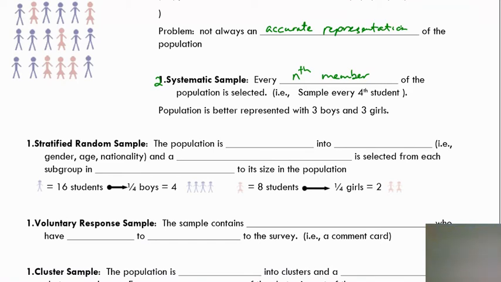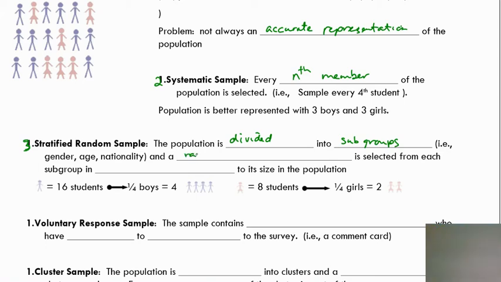So here we go. Our third example, again, changing these numbers, a stratified random sample. The population is divided into subgroups. So, for example, by age or gender or nationality, those are just ideas.